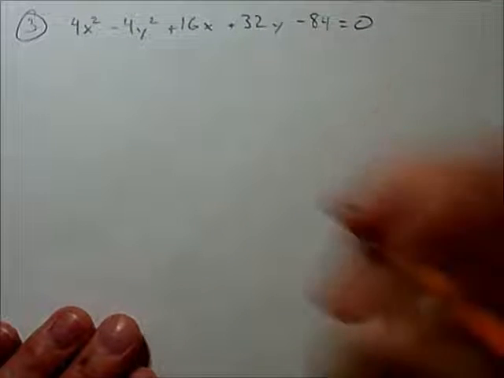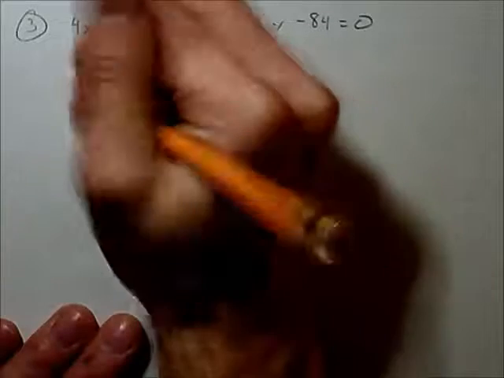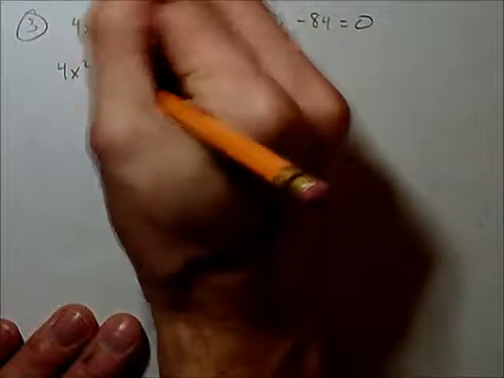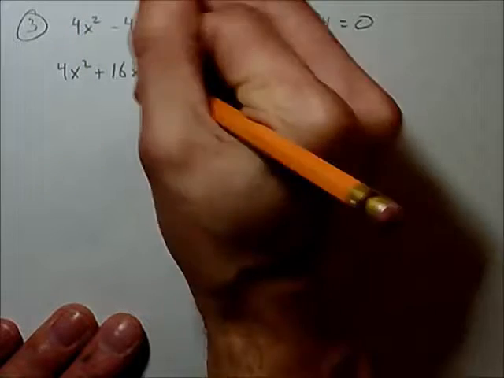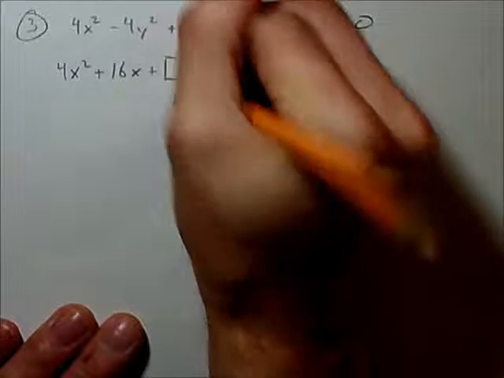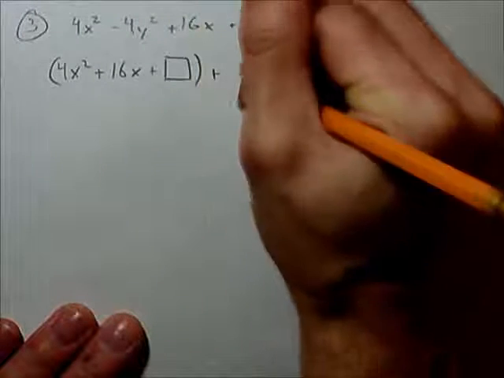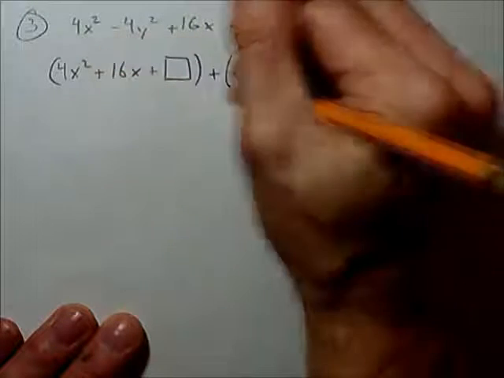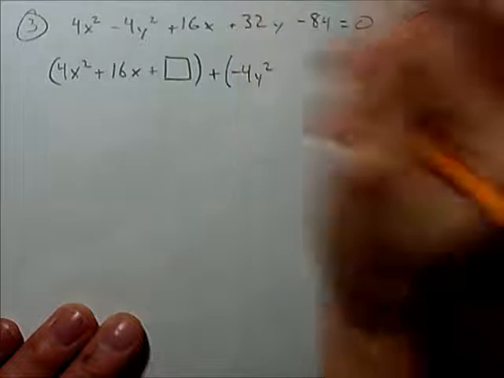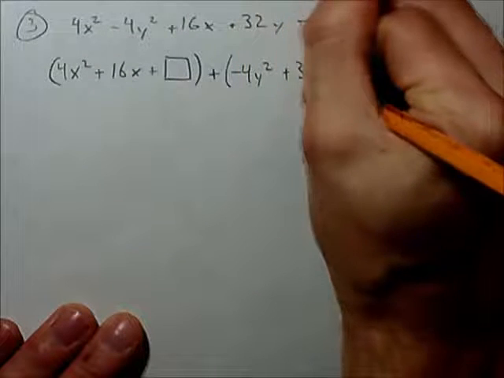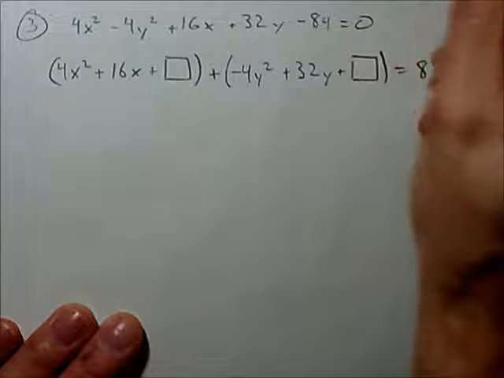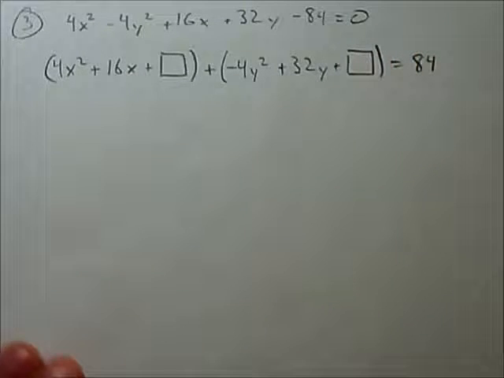So let's start by completing the square. We move the 84 over and rearrange the left-hand side, just like we've done with all of the other conic sections that we've talked about. Leave a square hole, and I'm going to leave this a plus and keep the negative with the 4y squared for now. That's step 1.